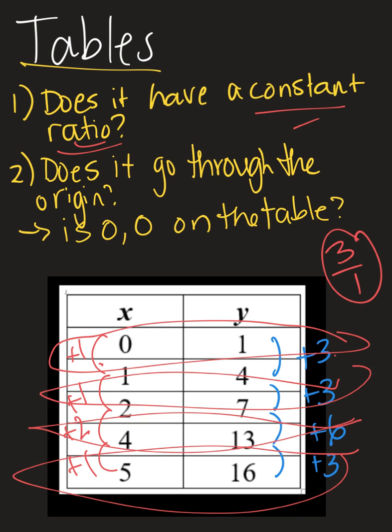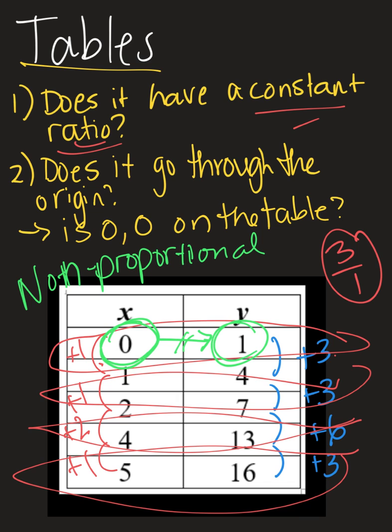But in this case, we have a 0 in the x column, and it is not partnered up with a 0 over here. So this is actually not proportional in this case, or non-proportional, because it doesn't go through the origin. Which means that constant of proportionality does not really help us, and it's not proportional.